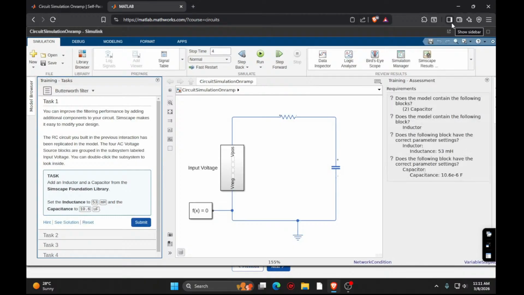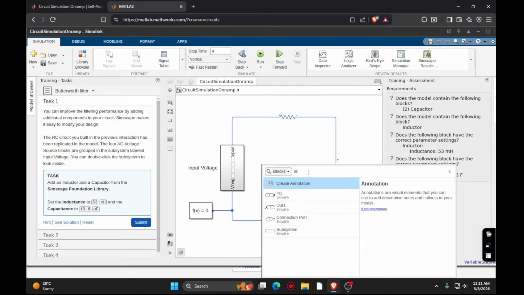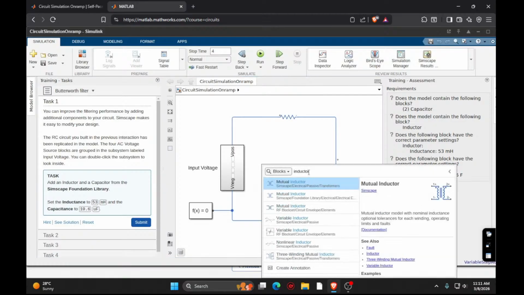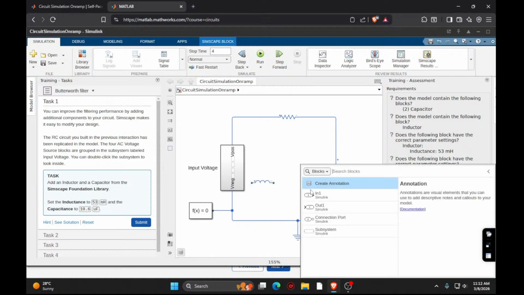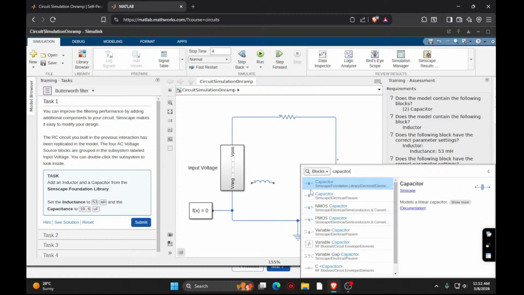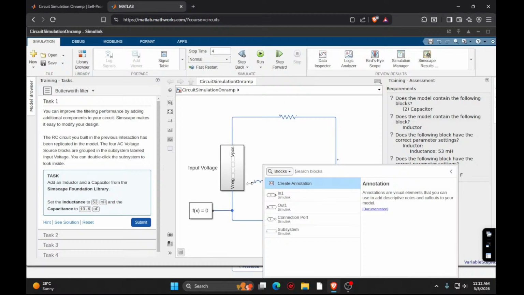Hmm. Now what do I have to do? Add an inductor and capacitor. 35 millihenry.